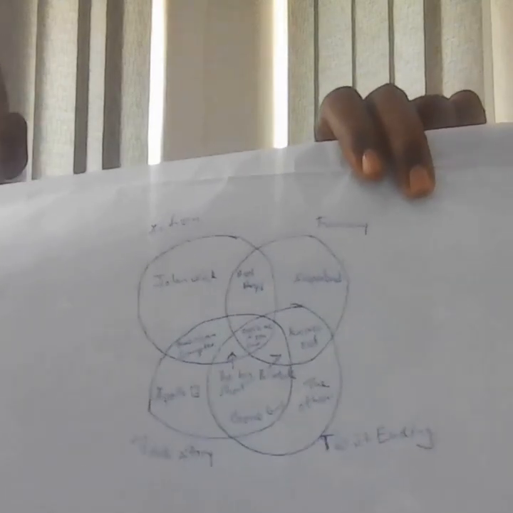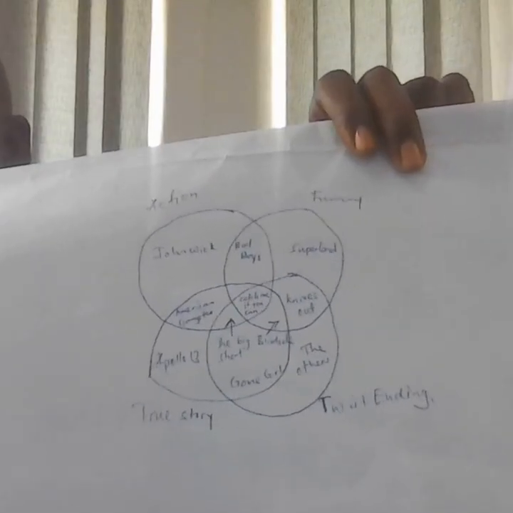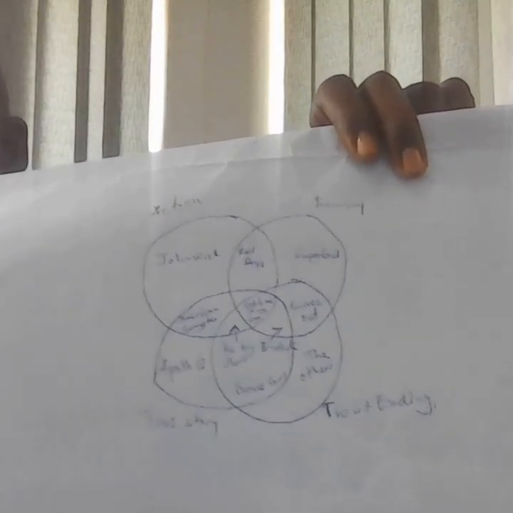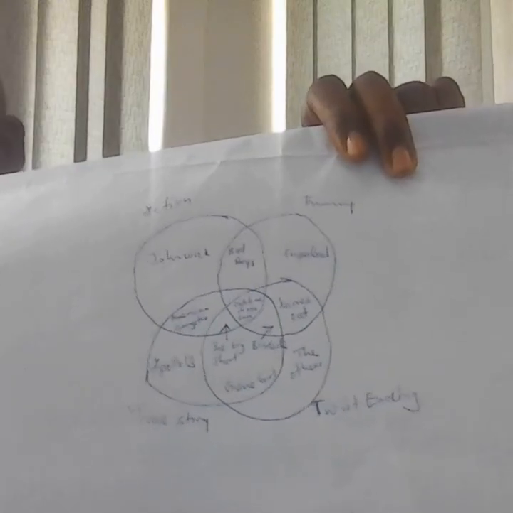Okay, now here is the Venn diagram which I've created. My topic is the types of movies.